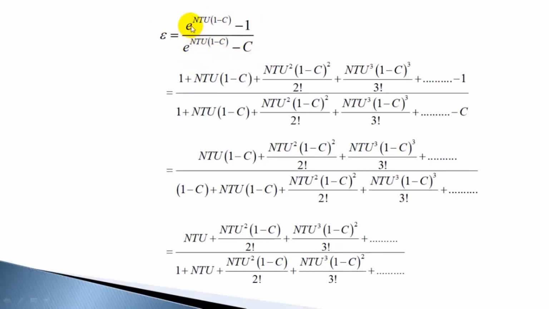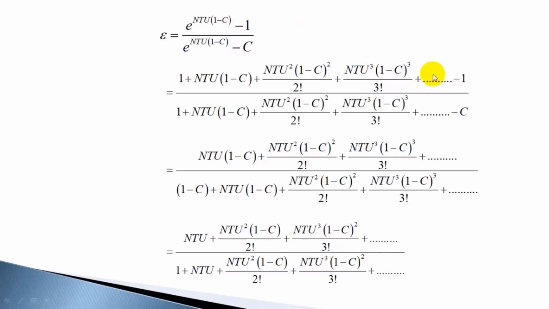Now e raised to x, how do you expand? 1 plus x plus x square by 2 factorial plus x cube by 3 factorial plus etc. So instead of x, we have NTU into 1 minus c. In the same way, you can expand this term: 1 plus NTU into 1 minus c plus NTU square into 1 minus c square by 2 factorial plus NTU cube into 1 minus c cube divided by 3 factorial plus etc. It's an infinite series.